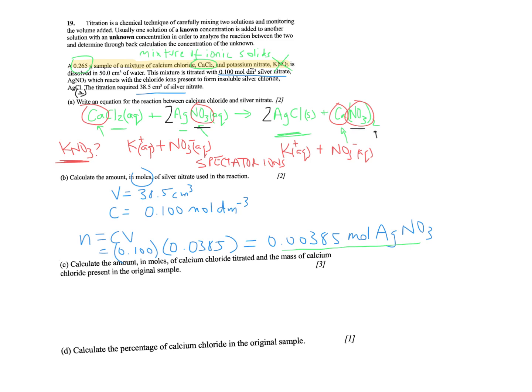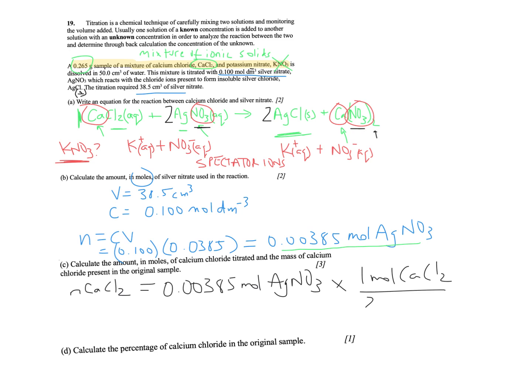Okay, because if you look at the coefficients, the ratio is 1 to 2, right? So if you just say, okay, I get it, I'm going to multiply that by a half, that's fine. I'm going to do it the laborious way and just show it with all the units so that if you're just looking at this and figuring it out, it's hopefully very clear. So the moles of calcium chloride are going to be equal to whatever the moles of AgNO3 were from above times the factor of 1 mole of calcium chloride for every 2 moles of AgNO3.